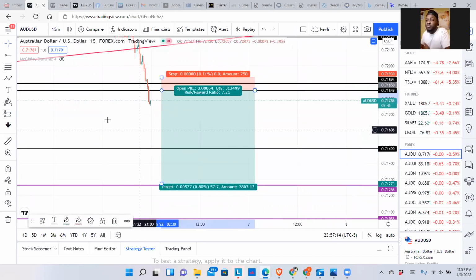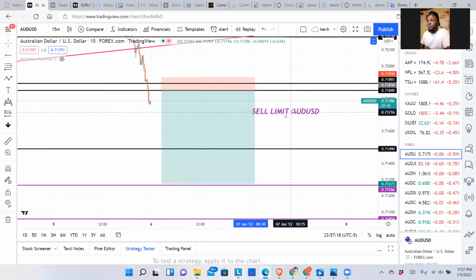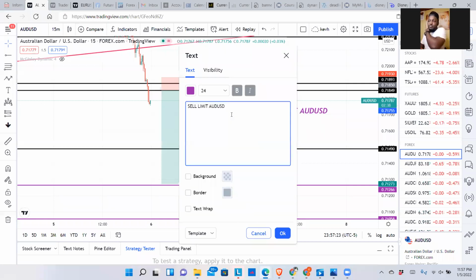And we have a good risk reward ratio, so sell limit, AUD USD, our entry is going to be 0.71848.